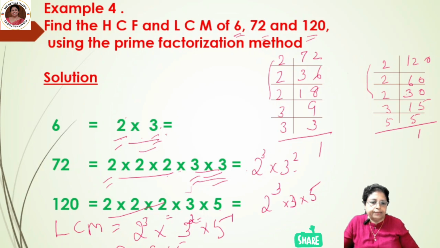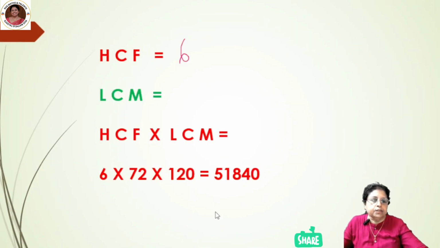So that is 8 9s are 72. 72 times 5. What is it? 72 times 5. Okay. 5 2s are 10. 360. So 360 is the LCM. Okay. So you can find LCM as 360.